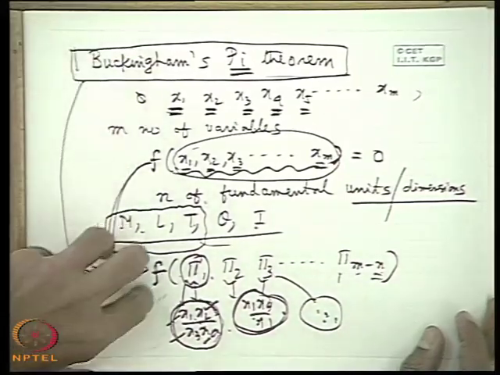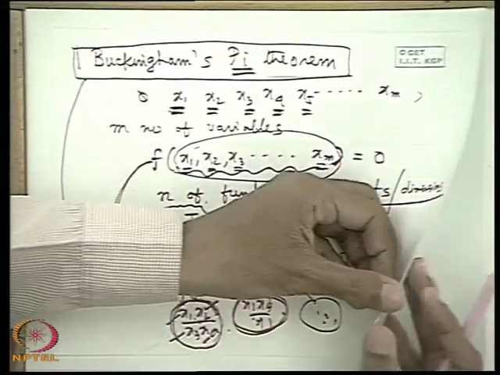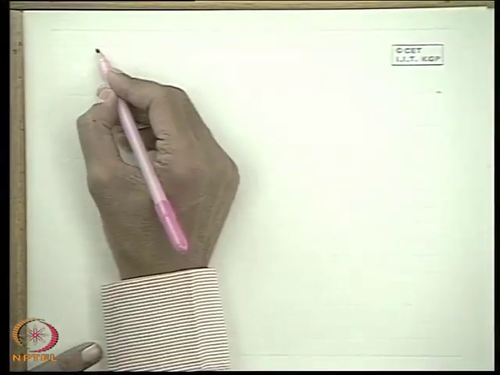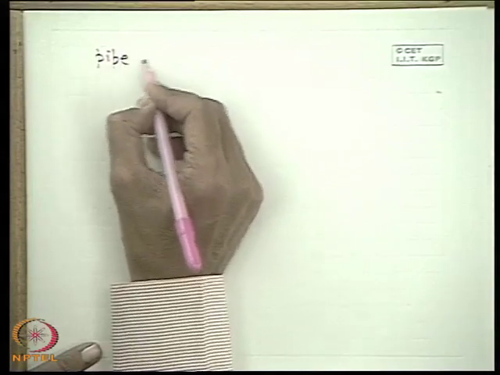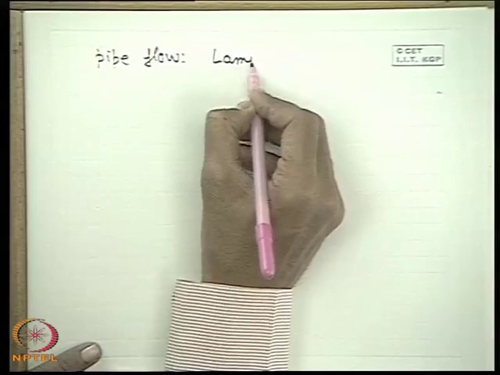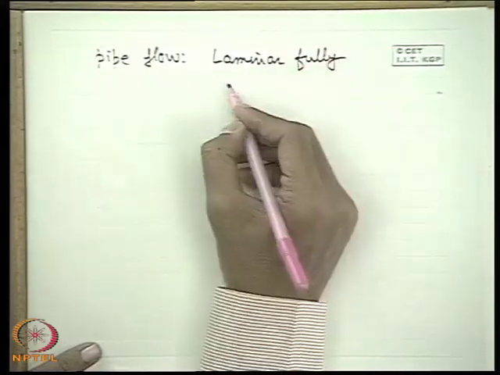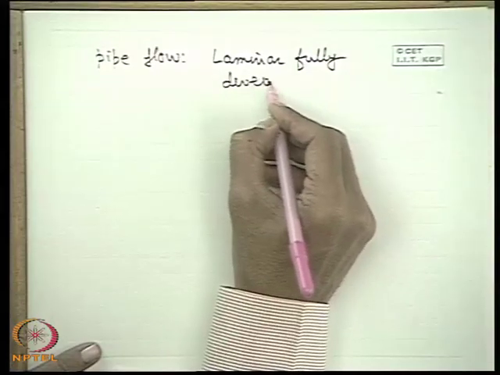So, this is basically the Buckingham's pi theorem. So, first we learn the Buckingham pi theorem. Now, let us see how Buckingham pi theorem is explained in case of a pipe flow. Laminar fully developed flow, laminar fully developed flow.